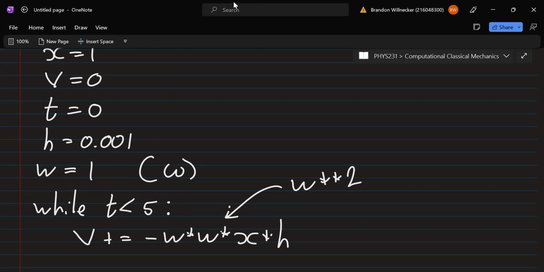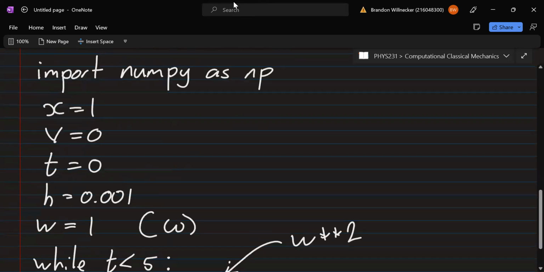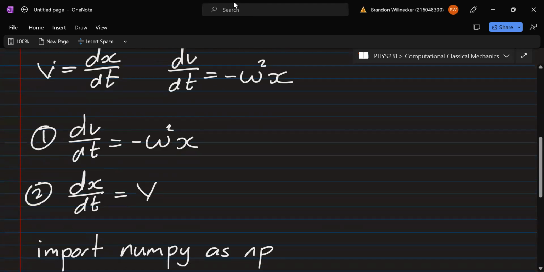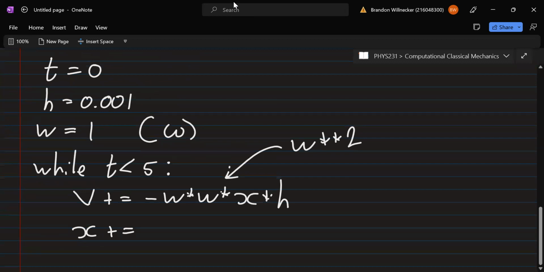Okay, both are fine. And then we need to update x. How do we update x? dx by dt is v, so we can update it using v times our time step. So v times the time step. And then, of course, we need to update our time.